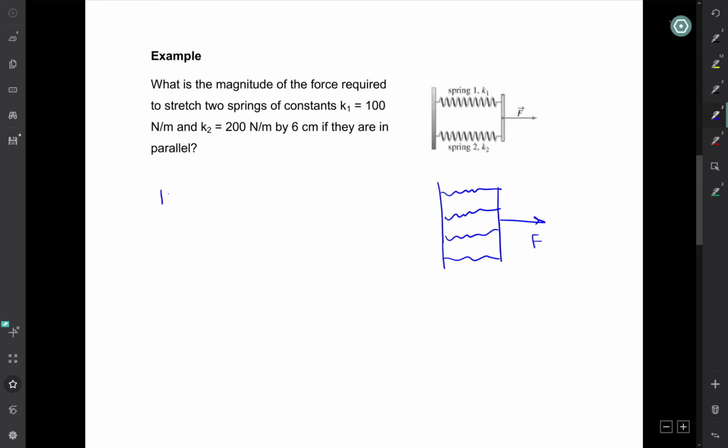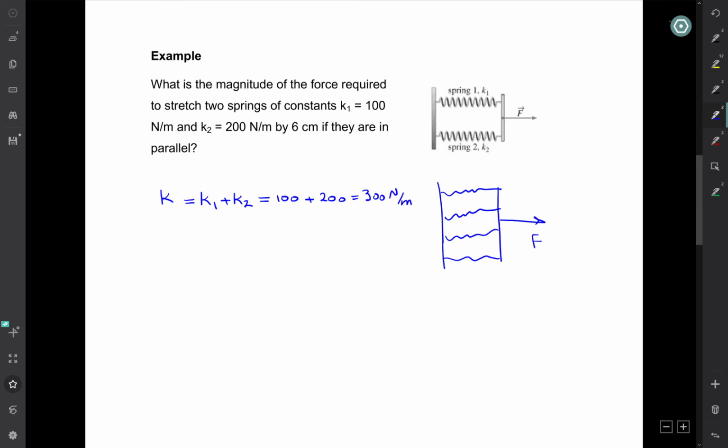So K, you can call it K total, or I call it K in this case. It's going to be K1 plus K2. If you had a third and a fourth one, then you would add them all together to get the total K. So the sum would be 100 plus 200. You're going to get 300 newtons per meter.